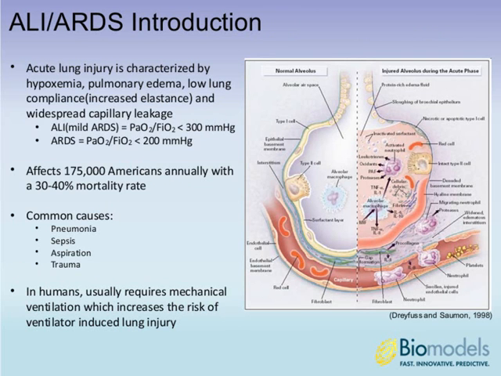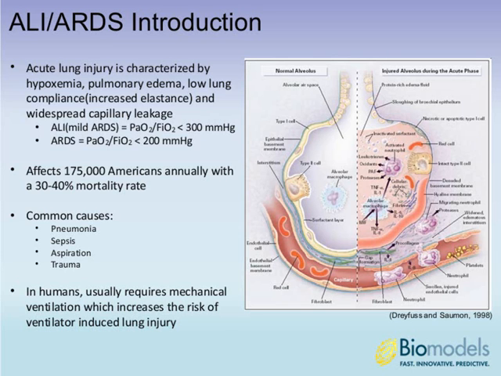So ALI is characterized by hypoxemia, pulmonary edema, low lung compliance or increased elastance, and widespread capillary leakage. It's actually defined, acute lung injury or mild ARDS, as a ratio of partial pressure of arterial oxygen to fraction of inspired oxygen of less than 300 millimeters of mercury. And ARDS is obviously more severe at 200.